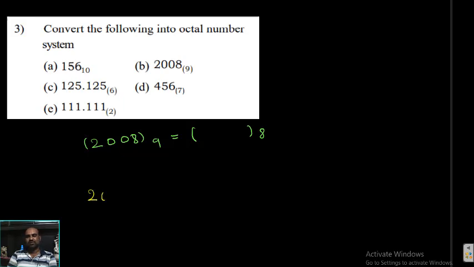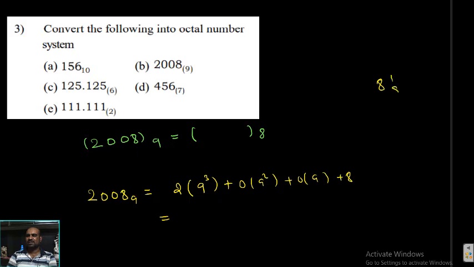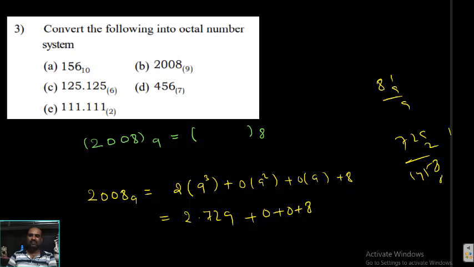So what I am doing here, converting it to our decimal system according to the law. 2 into 9 power 3 plus 0 into 9 square plus 0 into 9 plus 8 into 9 power 0, no need to write. 9 cube is 729. 2 into 729 plus 0 plus 0 plus 8, 729 2s are 1458, 8 should add, 1466. 1466 base 10.